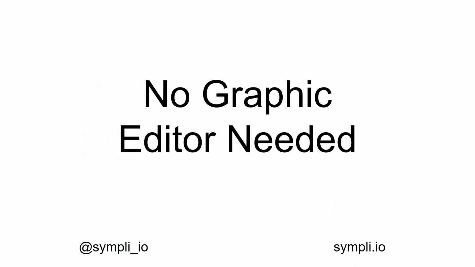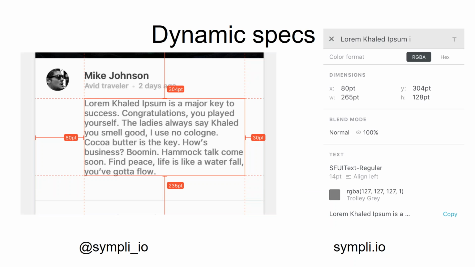For developers, we provide, first of all, a rich web application where developers can access design mockups without having a graphic editor installed or knowing how to use it. This is especially important with Photoshop because I personally have no idea how to use Photoshop. So, dynamic visual specifications. All the design mockups are clickable. Developers can click through all the elements and get explicit information about every single design element in the mockup.